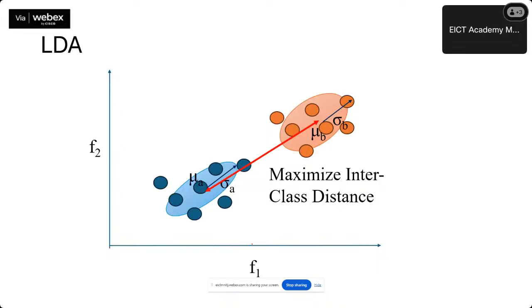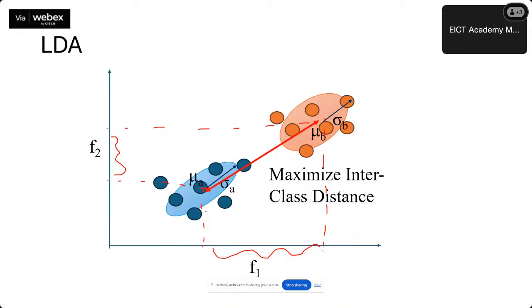So let's say out of F1 and F2, in terms of interclass distance, which is the best feature? In terms of interclass distance, this separation is a very small separation, but this separation is a very large separation. So F1 is definitely better than F2 in terms of interclass distance.